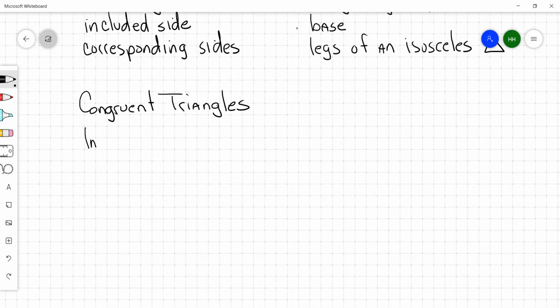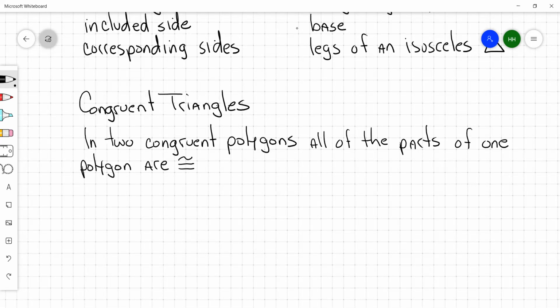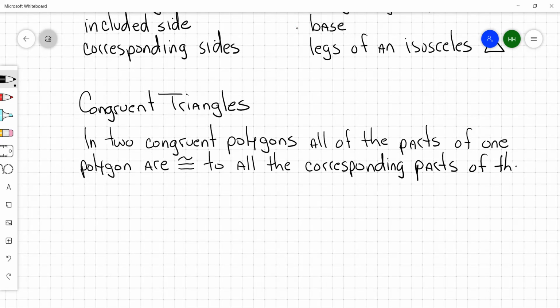And we're going to say that in two congruent polygons all of the parts of one polygon are congruent to, here's our symbol for congruent, equal sign with the squiggly over the top, all the corresponding parts of the other polygon.